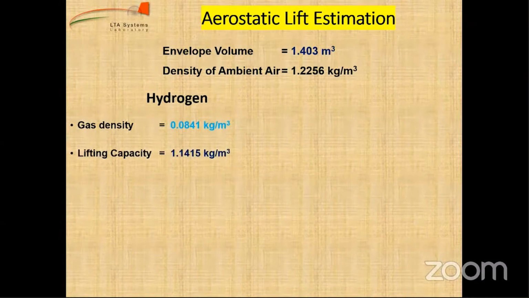So can someone tell me how did we arrive at this value of 1.1415, and we called it lifting capacity? This value is not coming from magic, right? There is some derivation for this particular value, 1.1415. Can someone tell me how we got this?